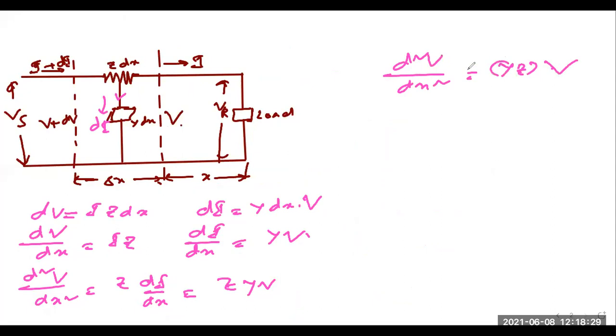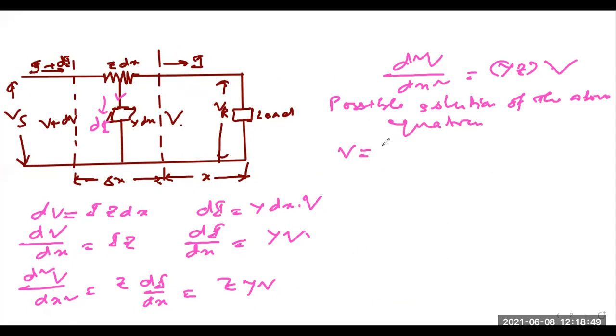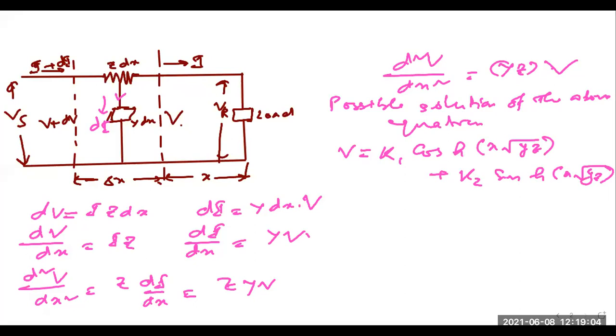Now the possible solution of the above differential equation, given its nature, will be V equal to K1 into cos hyperbolic x into square root of YZ plus K2 into sine hyperbolic x into square root of YZ.